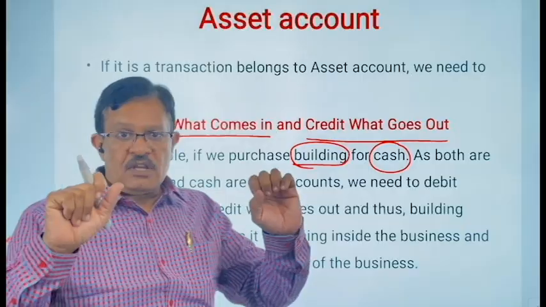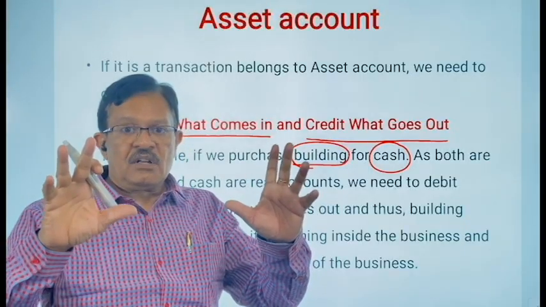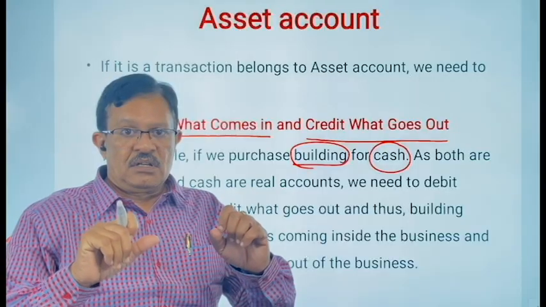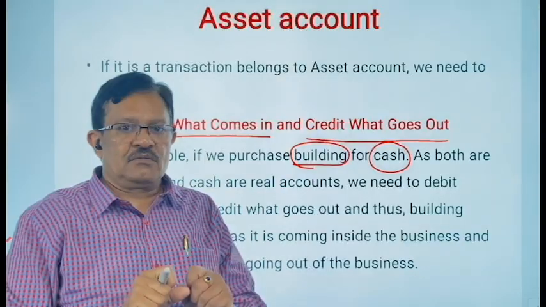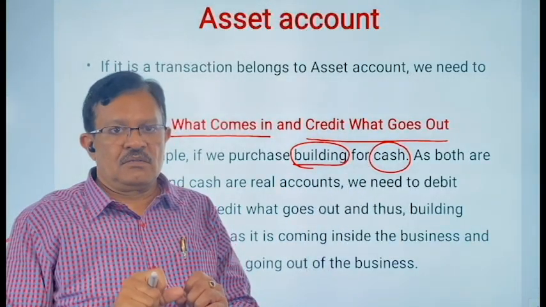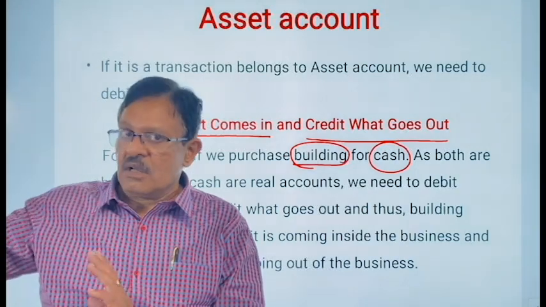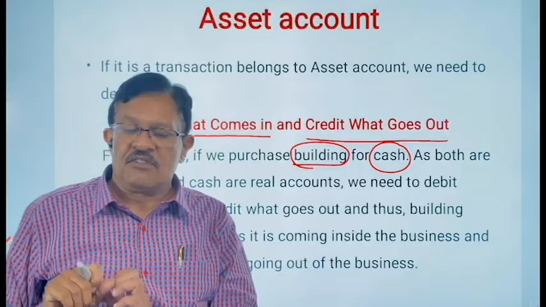But one has to understand that the entry or the transaction may relate to two different kinds of accounts. One is a personal account, another one is a real account. We have sold something or we have purchased an asset from somebody.